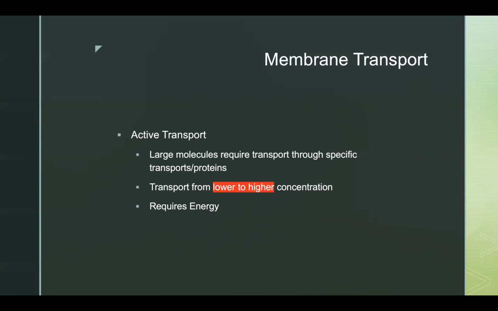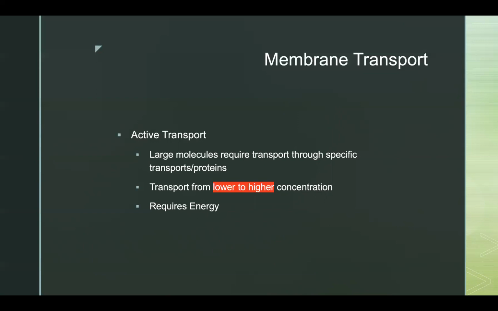Larger, more complex molecules require facilitation to penetrate or permeate that cell membrane. And those are active transport mechanisms.